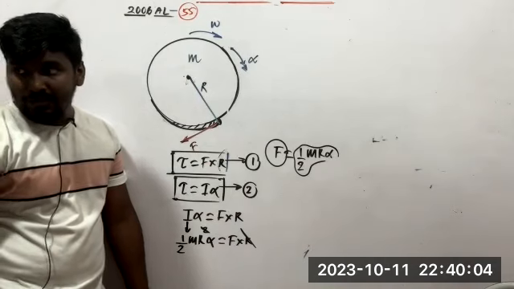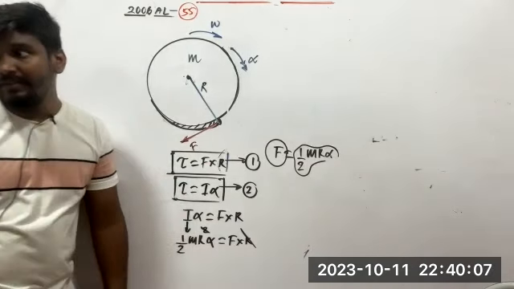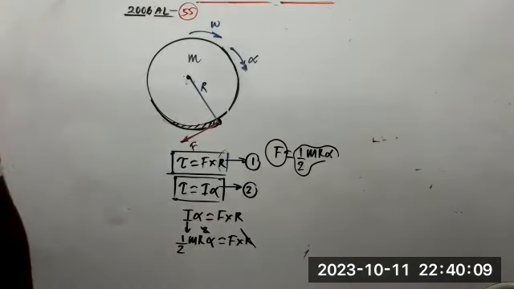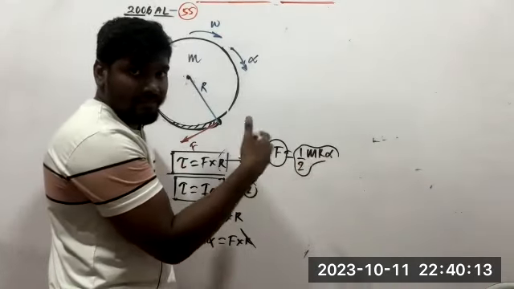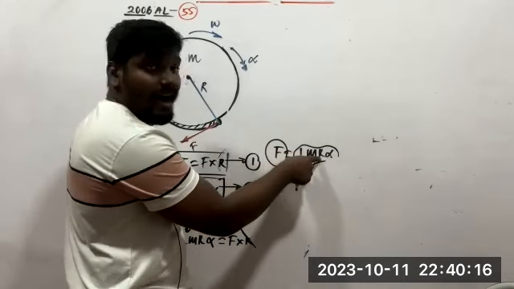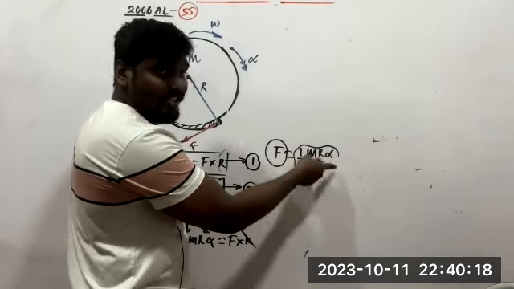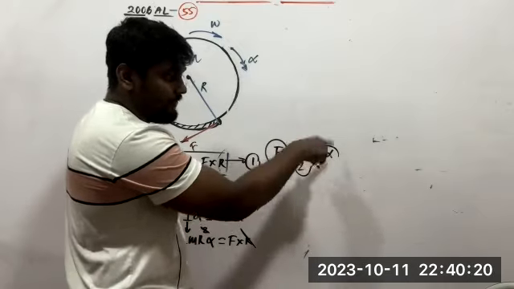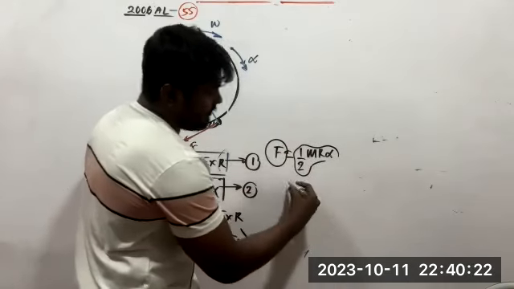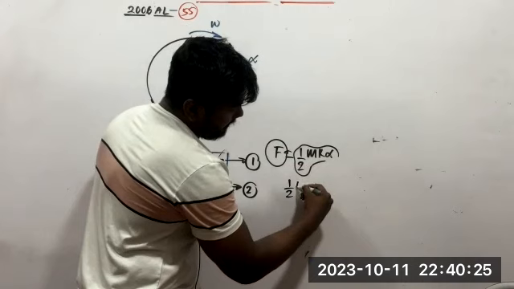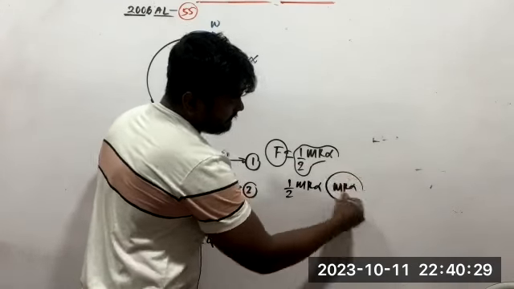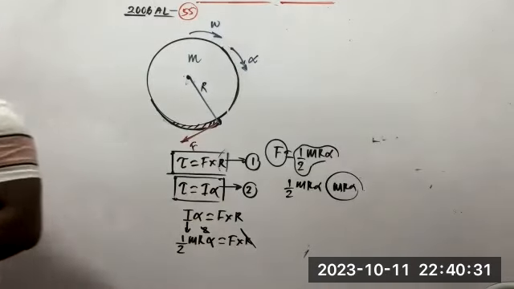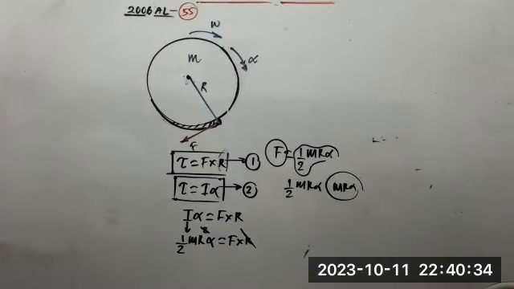But when the mass decreases with burning, R also decreases, so the acceleration increases, and in that way they become constant. So half m R alpha is constant, that means m R alpha is a constant. Raise your hands if you understood.